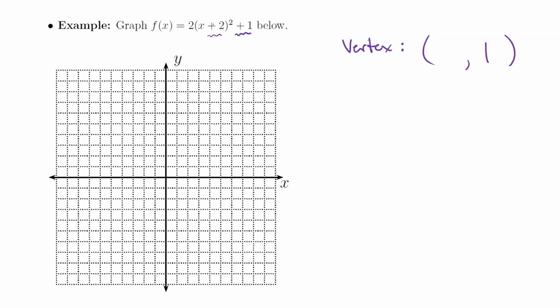So when you see x plus 2, it actually means that there's a -2 as the x value of your vertex. And for that matter, x equals -2 is the axis of symmetry. All right. So I can put all that information right here. -2, 1, there's my vertex. Axis of symmetry, I can go ahead and pencil that in.